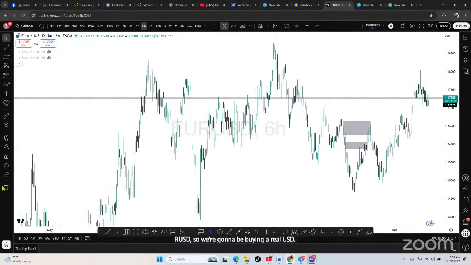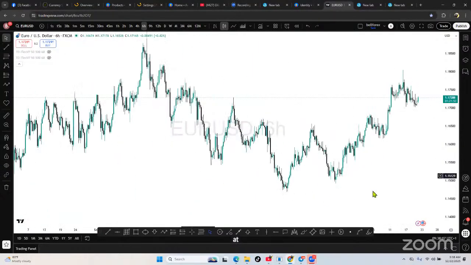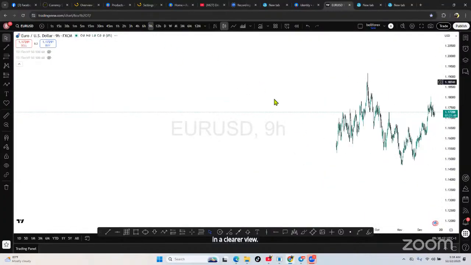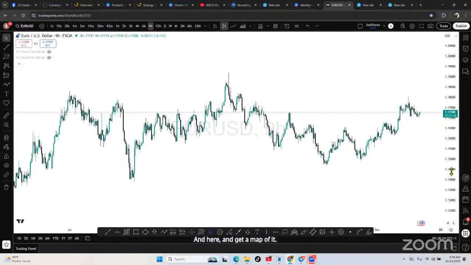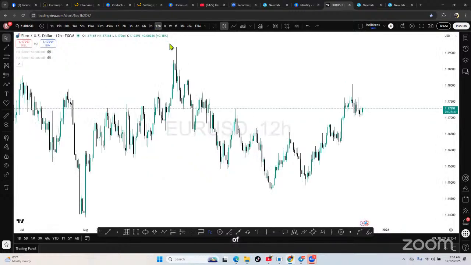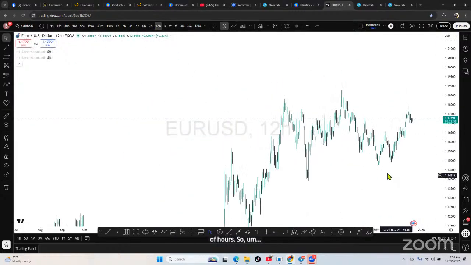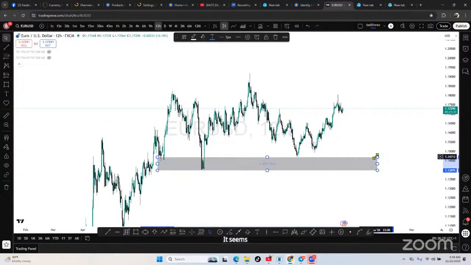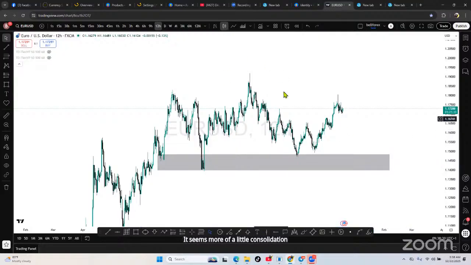So let's look at Euro USD in a clearer view and get a map of it to better explain what might be happening in the next couple of hours. Euro USD has been a little bit more bearish and bullish at the same time because it seems more of a little consolidation within a particular price range.